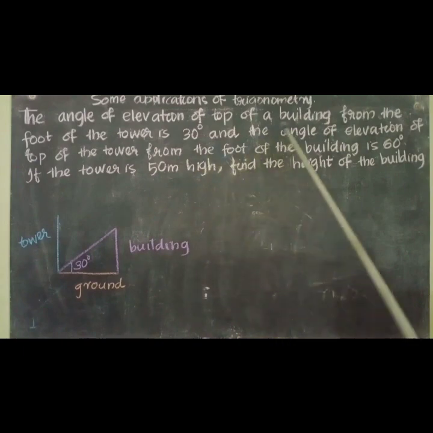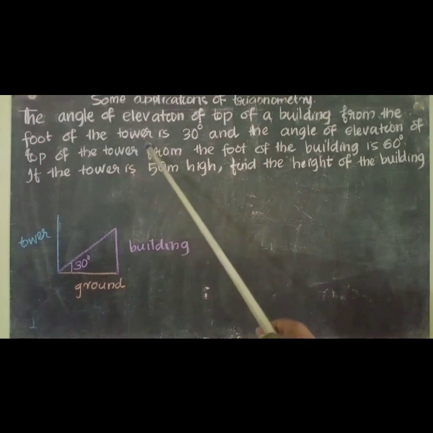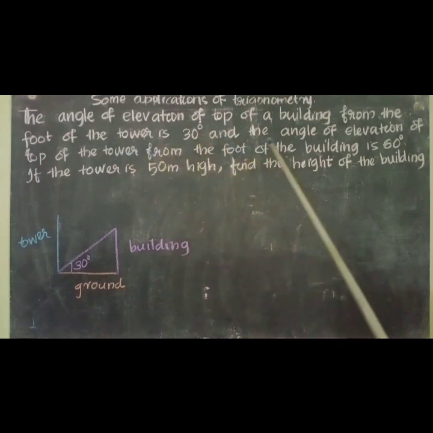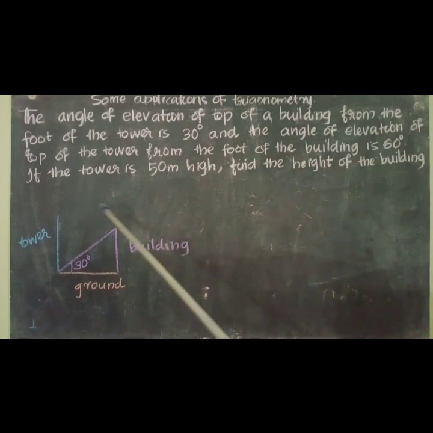Then again given angle of elevation of top of the tower from the foot of the building is 60 degree. Looking to the top of the tower from the foot of the building at an angle of elevation of 60 degree.